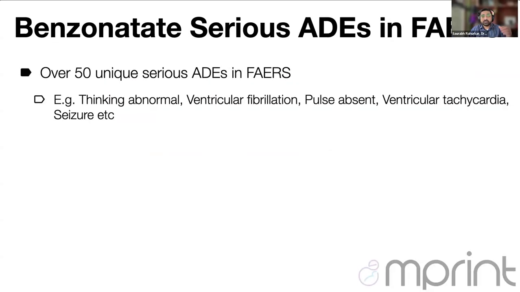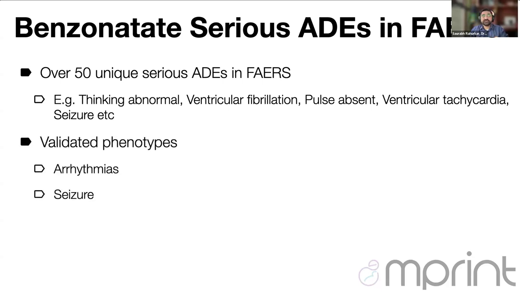So we identified over 50 unique serious ADEs associated with benzonatate in FAERS, and these span a broad range, everything from neurological symptoms to some cardiac symptoms. To make the signal more actionable and to be able to identify them using real-world data, we looked for phenotypes in MPRINT KB. Based on those, we identified arrhythmias, which includes everything from fibrillation to arrhythmia itself to tachycardia, etc., as ADEs under that category.